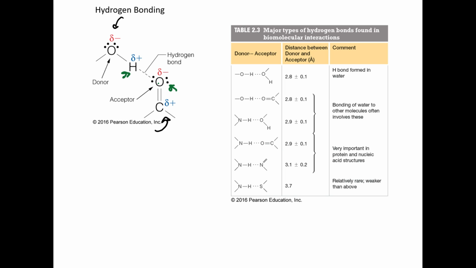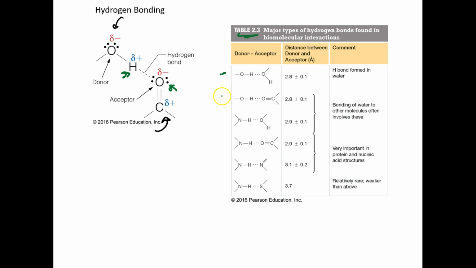Now, you can see here, table 2.3 from your book, a bunch of different functional groups can participate in hydrogen bonding. It's not always oxygens and hydrogens. Now, it frequently is, but we can have hydrogen to oxygen here.